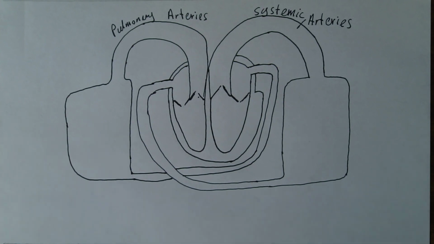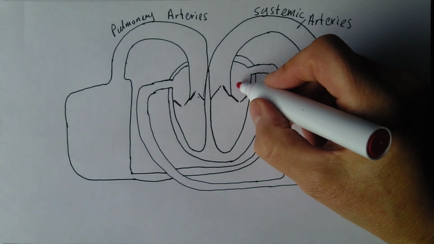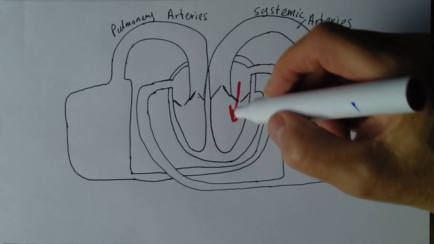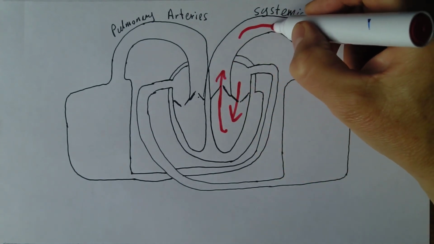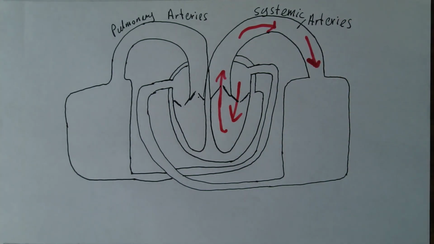Now, it's worth just colouring this in a bit. Blood's going to go from the left atrium through to the left ventricle, and we draw this blood in red because it's fully oxygenated, out through the aortic valve and into the body. As the blood goes through the body, it gives up some of its oxygen.